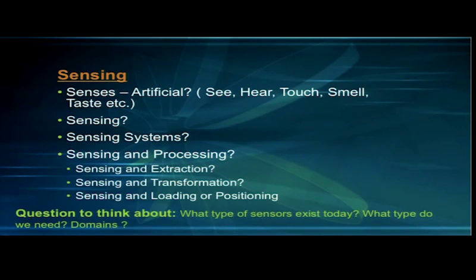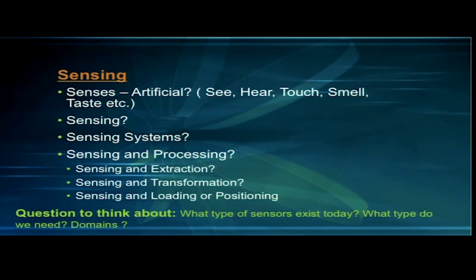So think about the types of sensors that are out there. Do a little bit of exploring. Consider the types of processing you have to do with those sensors, and the types of software components you have to have in your system to do the processing. How are you going to extract the information out of that data? How are you going to transform it?